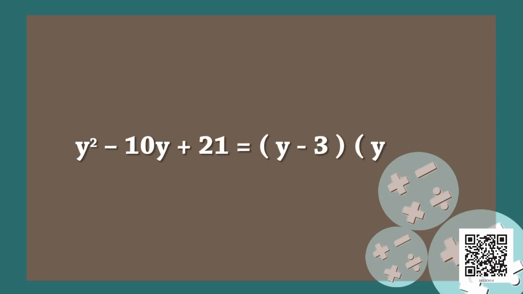So, the factorized form of the given algebraic expression is y square minus 10y plus 21 is equal to y minus 3 into y minus 7. Thus, the required factors are y minus 3 and y minus 7.